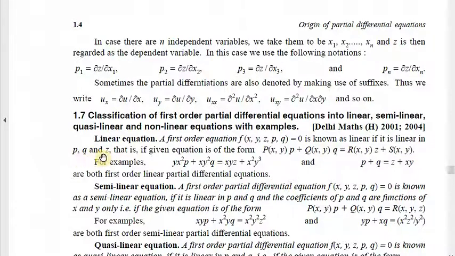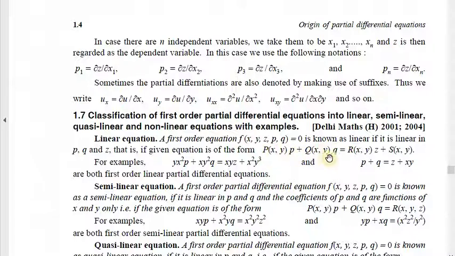Then we call it a linear differential equation, and you don't have multiples of them either. This means you don't have a term like pq, qz, pz in the equation. So a linear partial differential equation can be written like this: capital P(x, y) times small p plus capital Q(x, y) times q plus R(x, y) times z plus S(x, y).